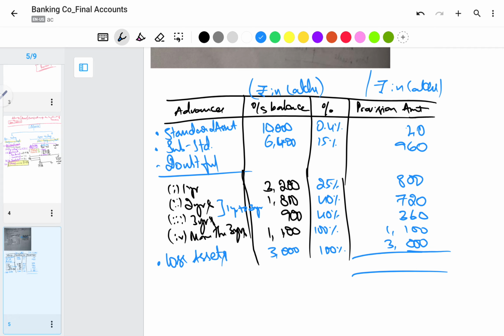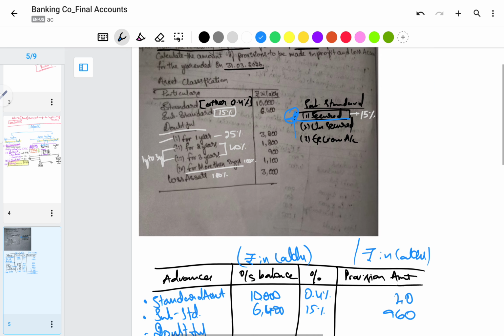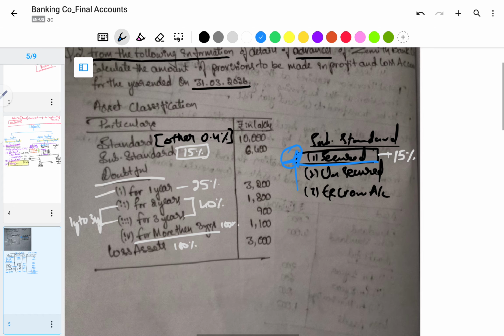What is the total? 40 plus 960 plus 800 plus 720 plus 360 plus 1,100 plus 3,000 amounts to 6,980. This is the amount we need to create for the year ended.